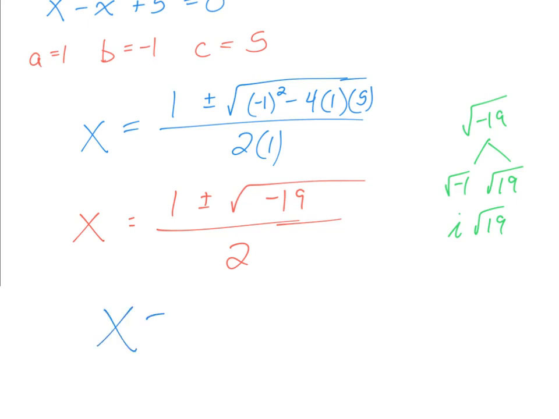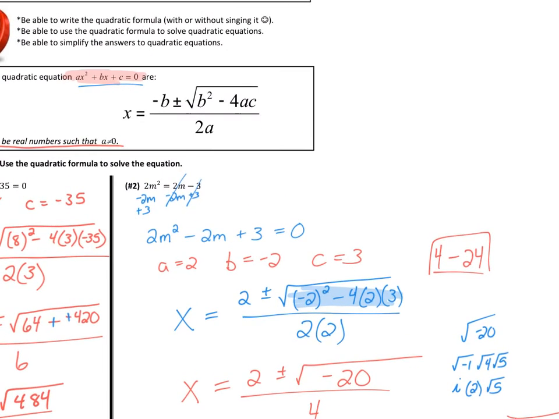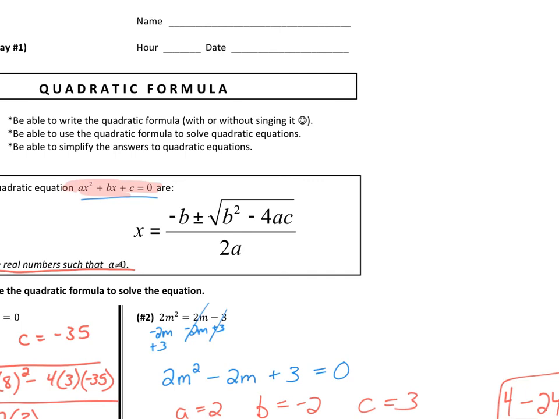So the answer is x equals 1 plus or minus i square root 19, all divided by 2. And in this problem, there's nothing that we can simplify, so we leave our answer like this. Right, so that's the quadratic formula. Find a, b, and c, and you substitute them into this formula, and then you simplify.